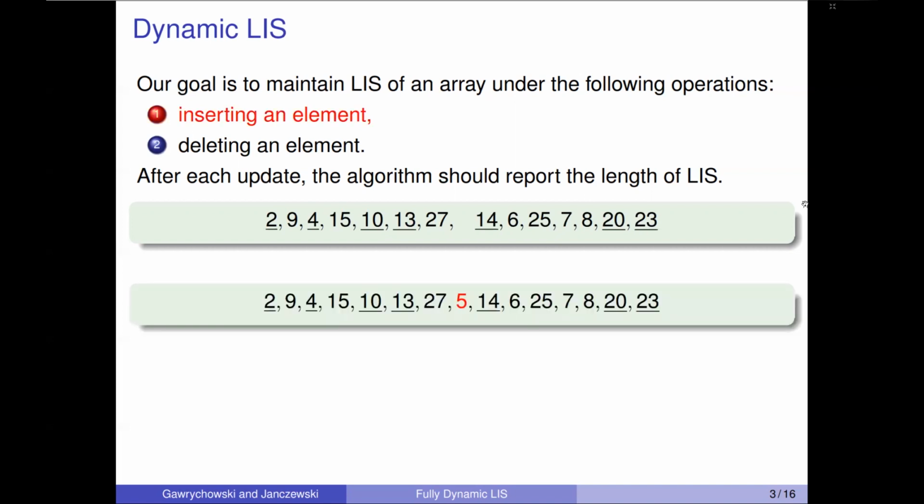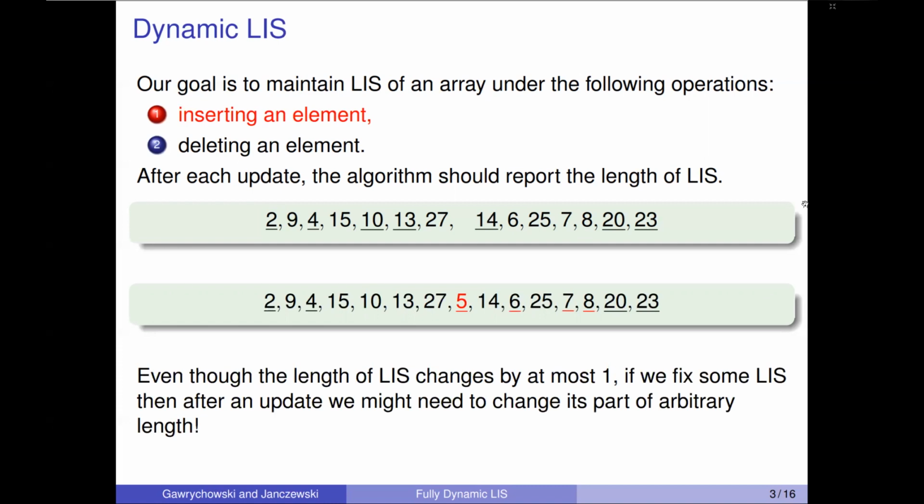And then it can be the case that after a single update, here the insertion of element 5 in the middle of the array, the length of LIS increases by 1 from 7 to 8, but there is no simple way to update our previous fixed LIS to the new LIS. We need to exchange quite a lengthy part from the middle of it to some other elements of the array, right?